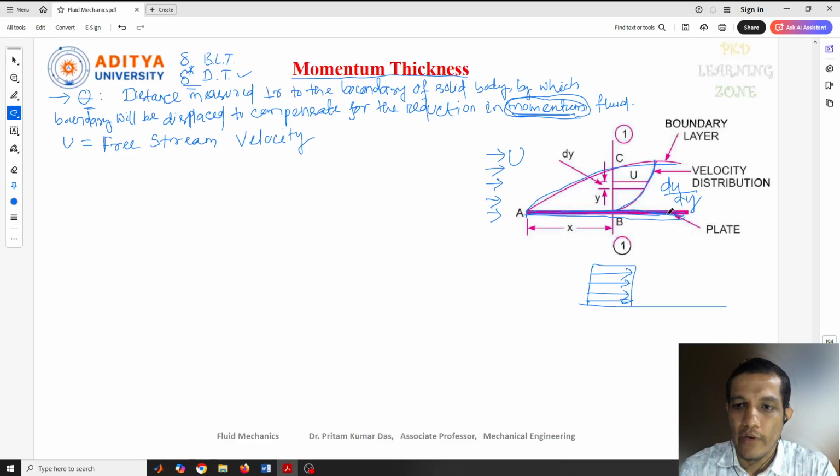Now suppose we are keeping one plate here. When there is no plate situated here, what is the velocity? Our free stream velocity u.